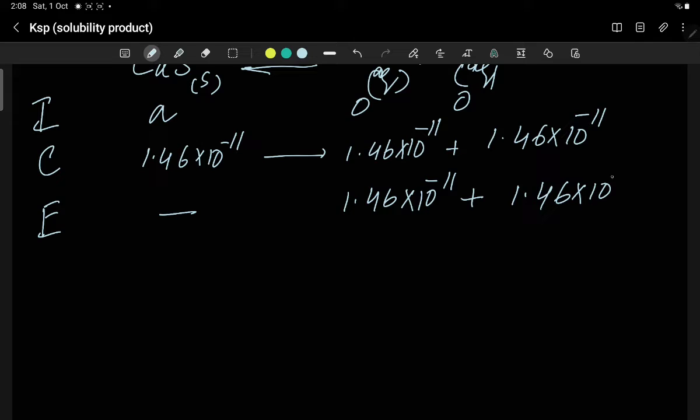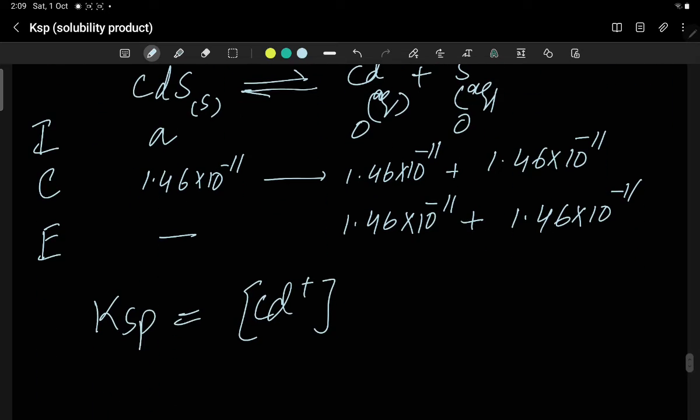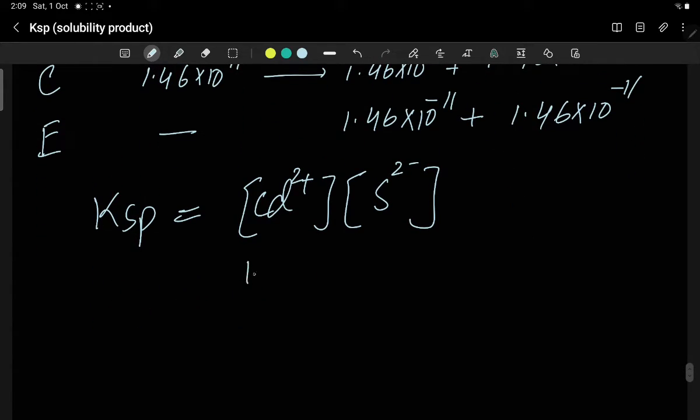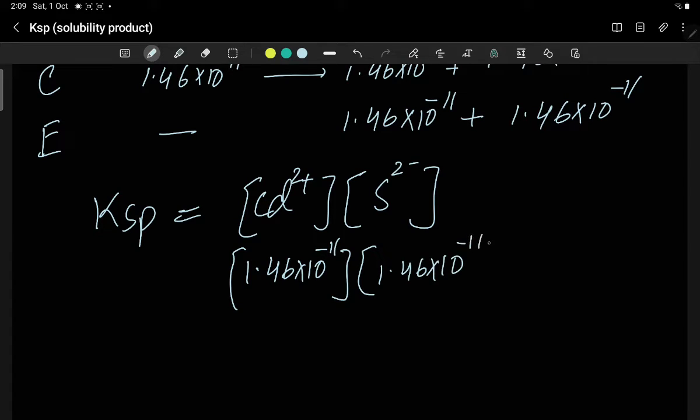So the Ksp expression is cadmium 2 positive, sulfide 2 negative, 1.46 × 10^-11 times 1.46 × 10^-11.